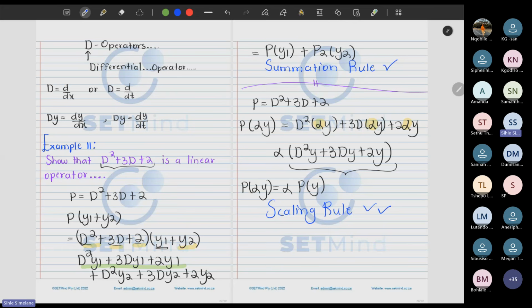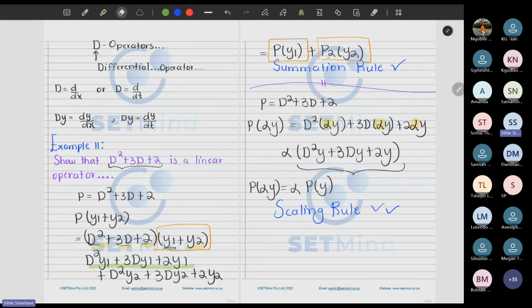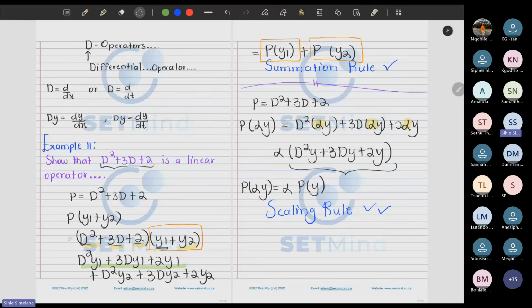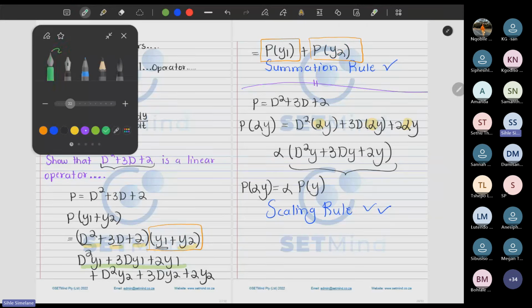Okay. So with the summation, what you need is if the operator acts on a sum of two, let's say functions of interest, you should get the same value as if you acted on one function and then plus you acted on the other function. It's like when you are differentiating, that example that I gave to you.